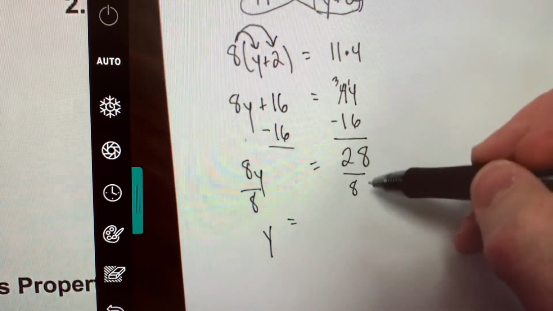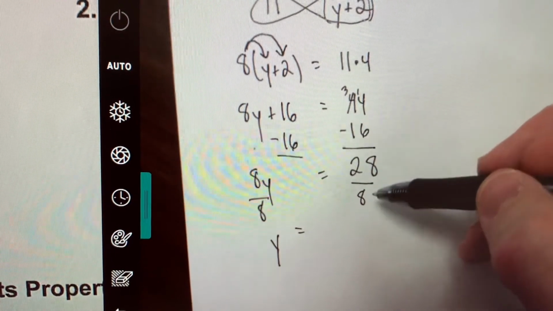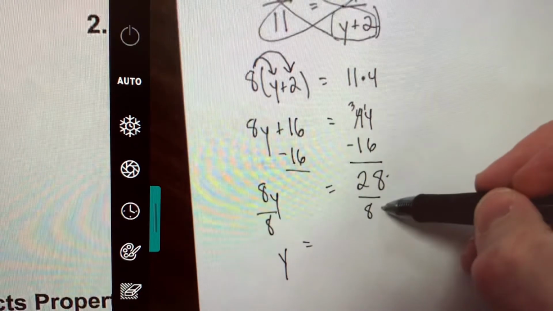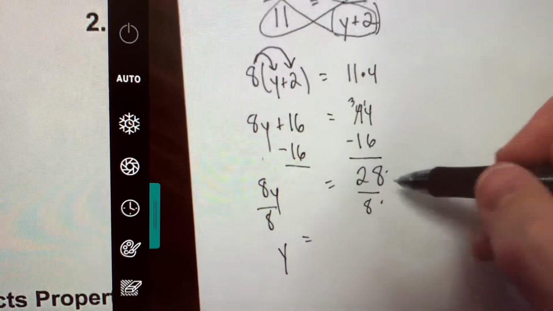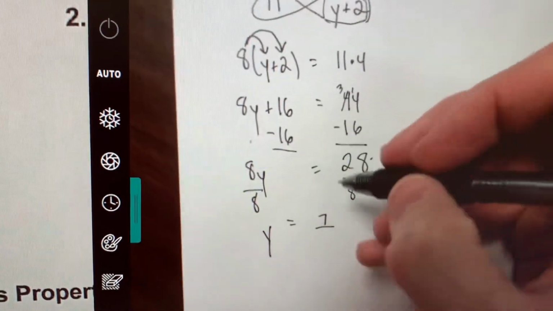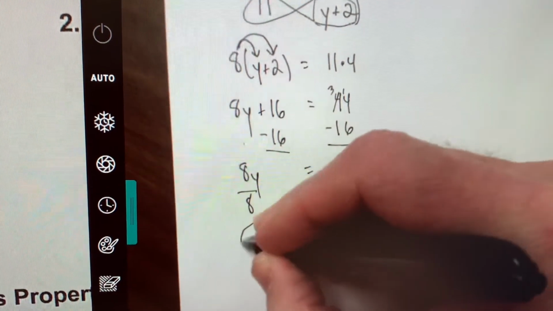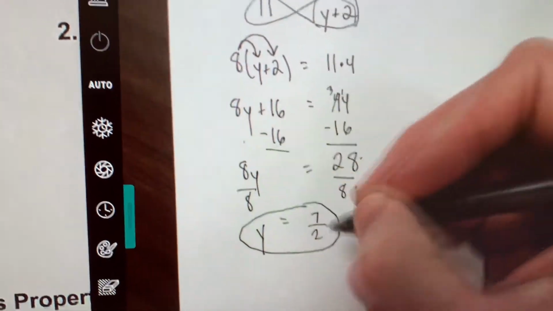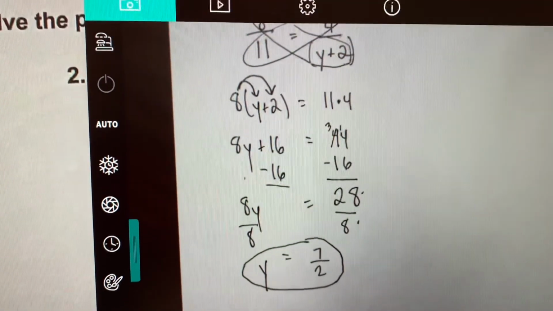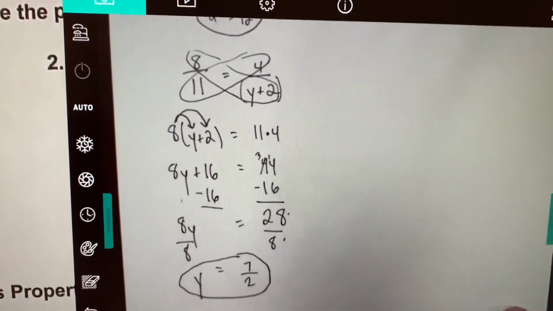I want to simplify this the best I can, so I'm going to divide each of these by 4, because 4 goes into 28 and 4 goes into 8. 4 goes into 28 7 times, and 4 goes into 8 2 times. So my answer is 7/2. And if you were to put 3.5 back into the top of your equation, you would have that problem right also.